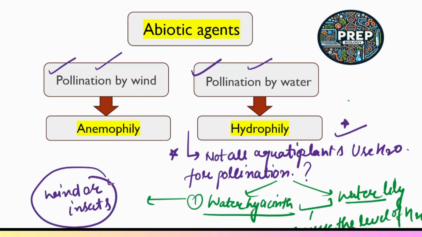This point is very important, so note it down. Not all aquatic plants use water for pollination, because in the case of water hyacinth and water lily, the flowers of both plants emerge above the level of water. That's why they pollinate with the help of wind or insects.